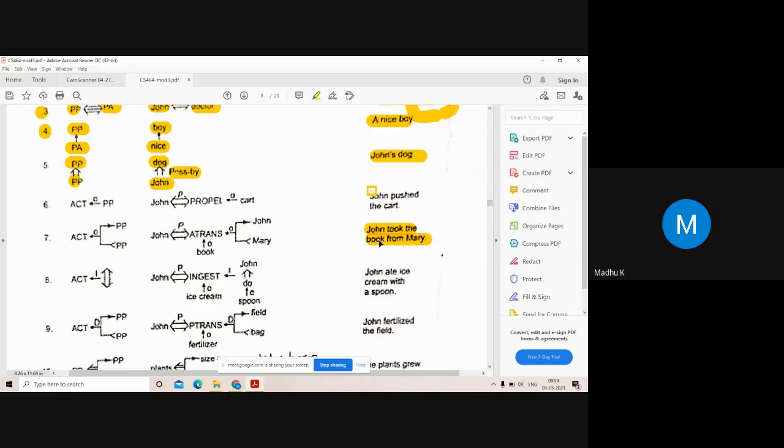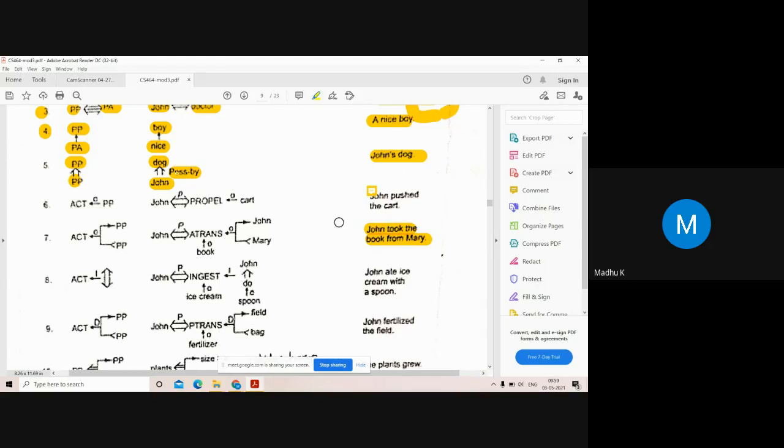There is a beneficiary and there is a giver. "Took the book from Mary." The "took" is the action, and there is a beneficiary and a giver and an object also is there.